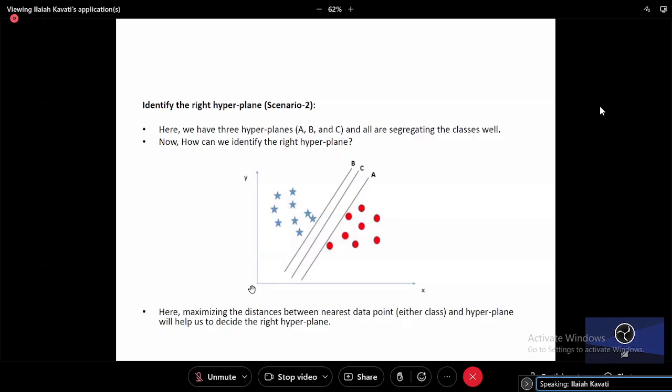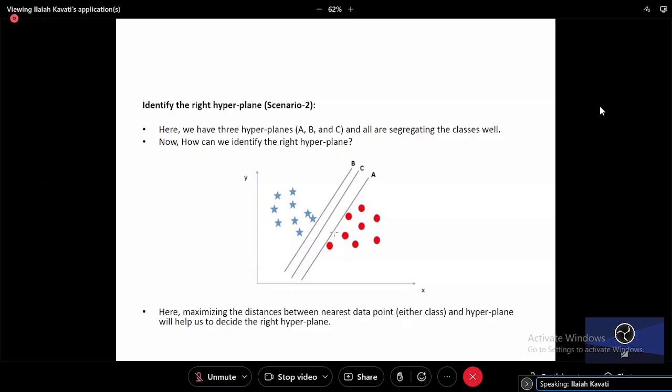Okay, so we need to choose the hyperplane that maximizes this distance. Maximizing the distance between the nearest data point from either class and the hyperplane will help us decide the right hyperplane. Among these, B is very close to the stars.